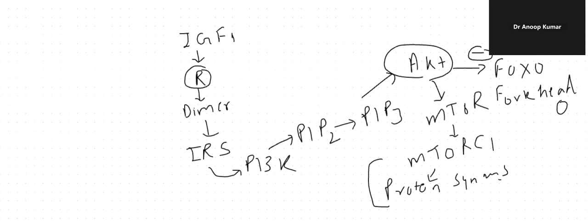Why? Because FOXO is the negative regulator of hypertrophy. What does FOXO do? FOXO induces expression of genes further. It acts on the nucleus and does the expression of genes which will do the protein degradation. Protein will be degraded when FOXO is activated. So in this case, what mechanism are we discussing?